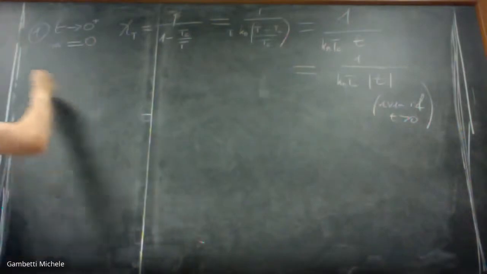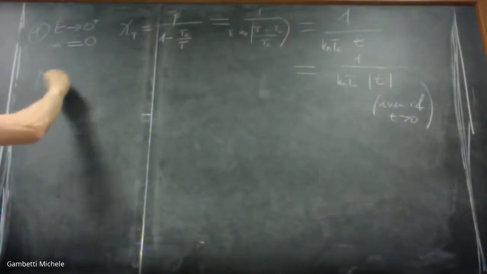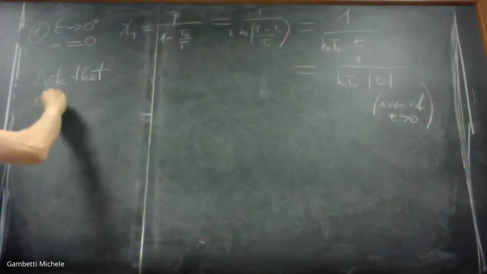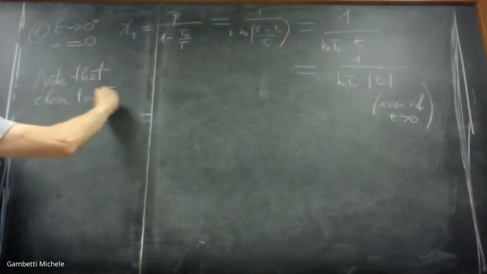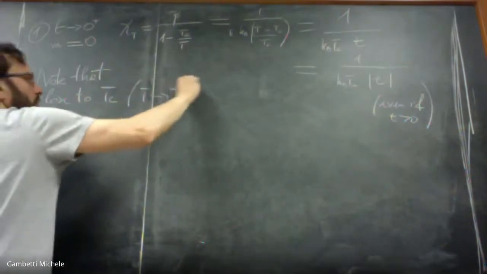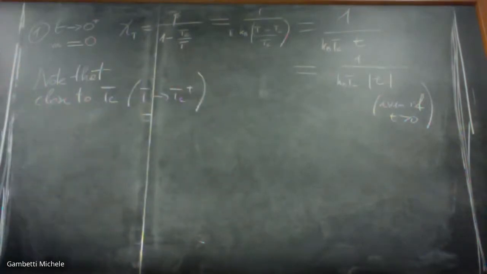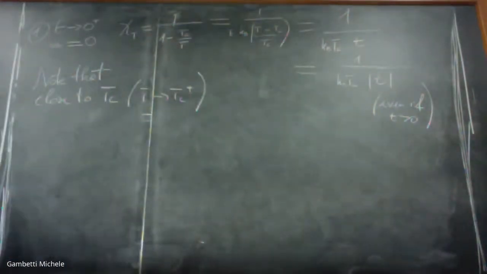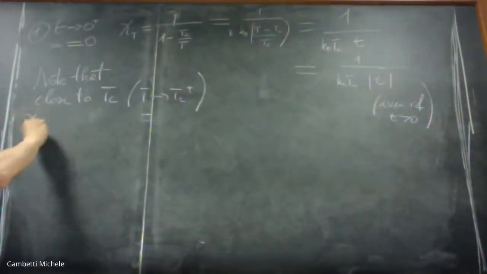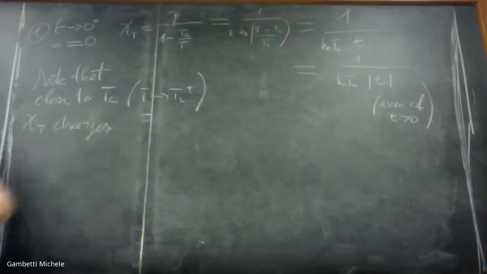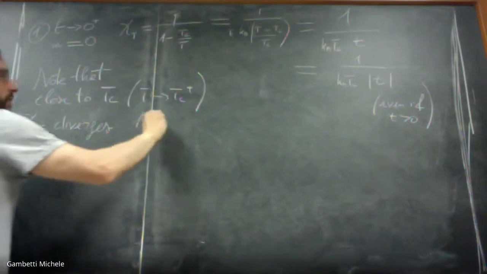So note that close to Tc, with T approaching Tc from above, we have a divergence of the susceptibility, so chi of t diverges as 1 over t.